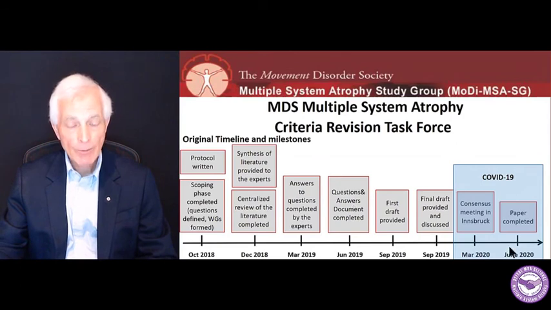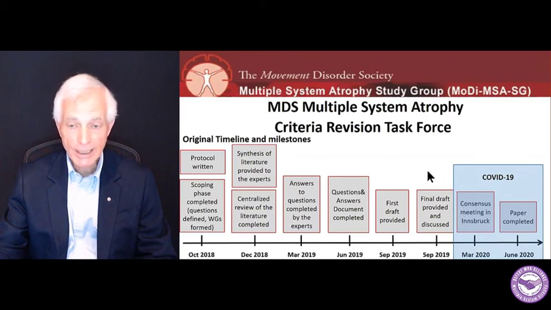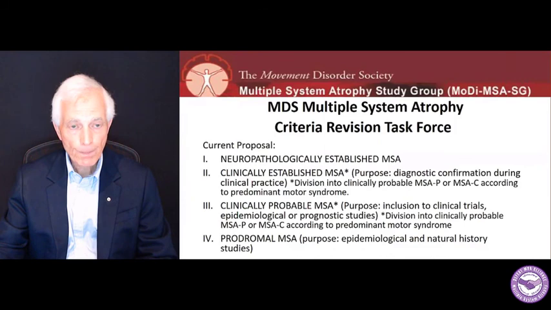And we were to have a meeting that really hammered this out in March of 2020, but unfortunately COVID-19 changed everything. And so we're still working on this, but are somewhat delayed in our endpoint. We do have some current proposals, and I'll share this with you very briefly.